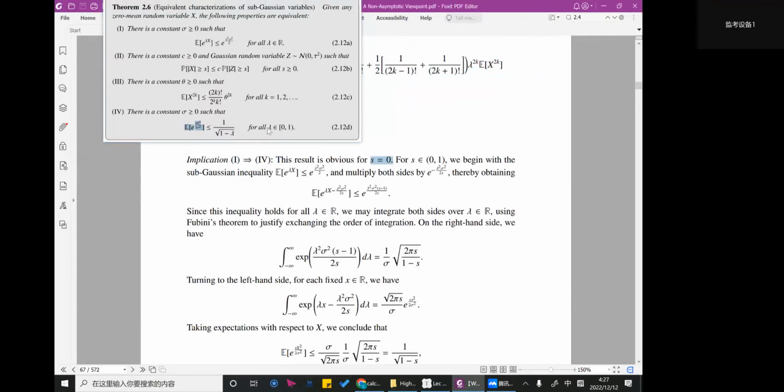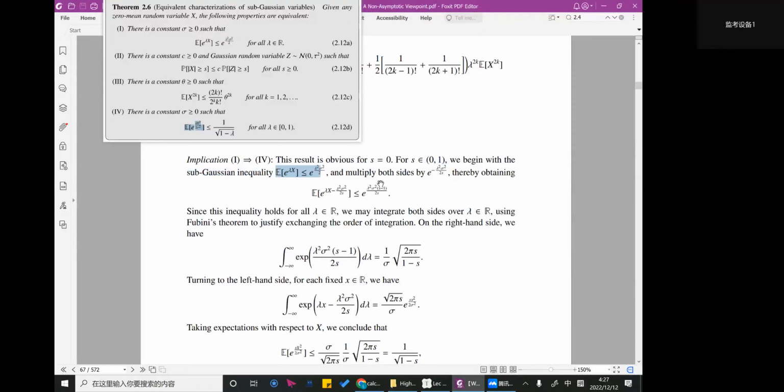Form 4 is that this inequality is satisfied for all lambda. When lambda equals 0, it is obvious. So when s belongs to this interval, we begin from the sub-Gaussian inequality as stated in inequality 2.1 to a, and multiply both sides.